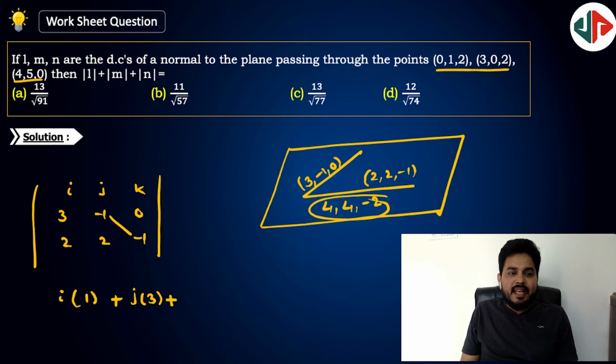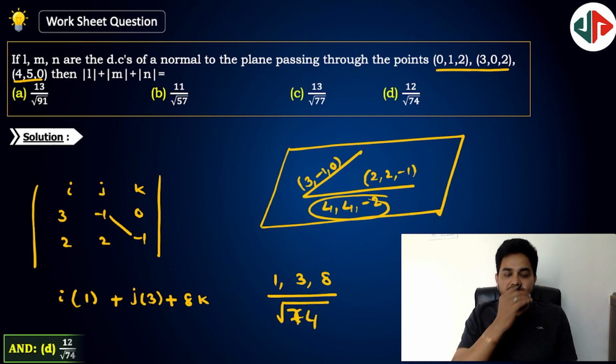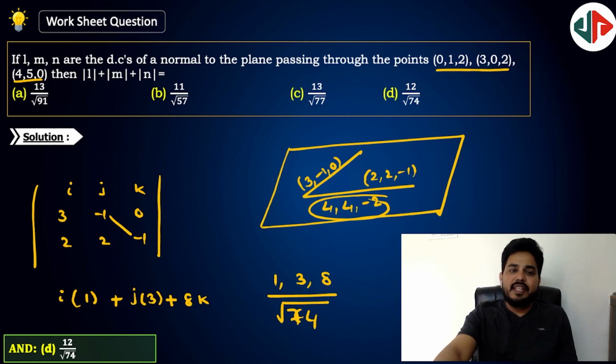Plus k into 6 plus 2, 8k. So the DRs will be 1 comma 3 comma 8, divided by the root of a square plus b square plus c square, 74. So the answer is 12 by root 74. Sum of the DCs.